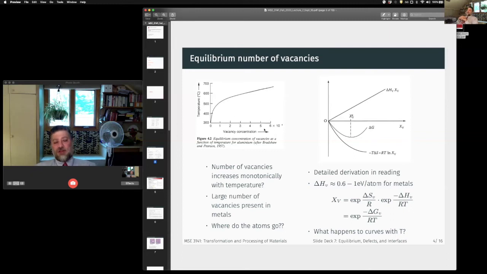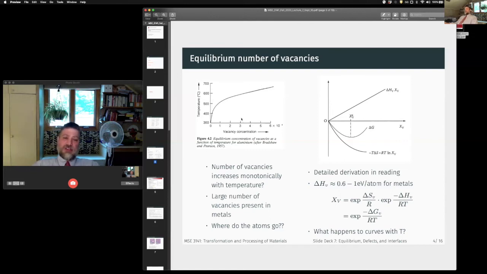So as the temperature goes up, atoms essentially hop into, say, a grain boundary, leaving behind a vacancy near the grain boundary that can then diffuse through the material.